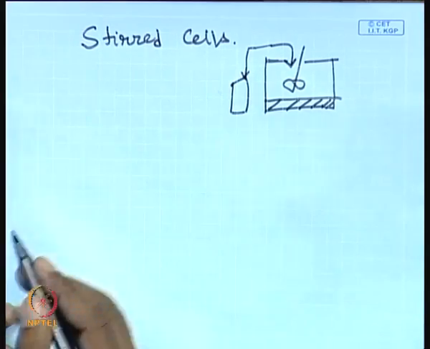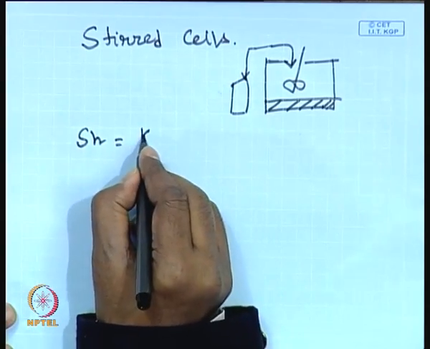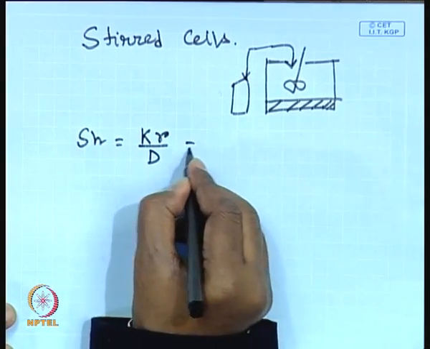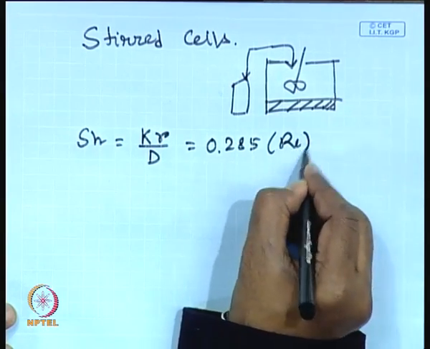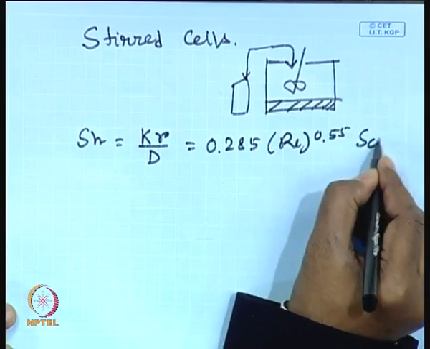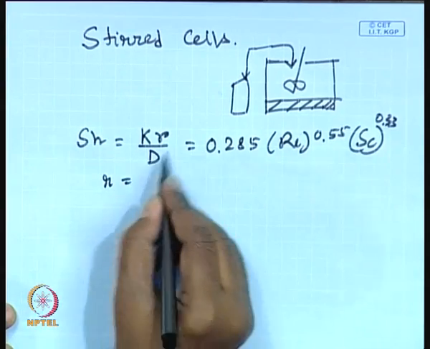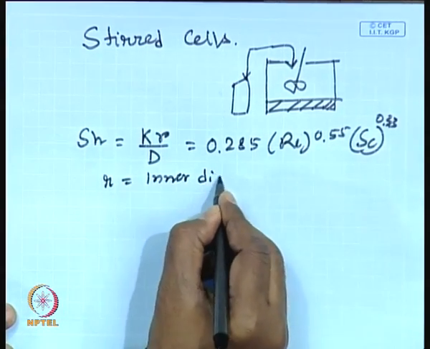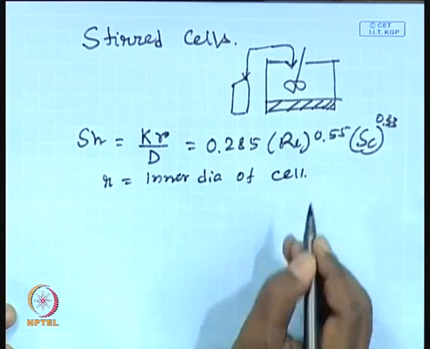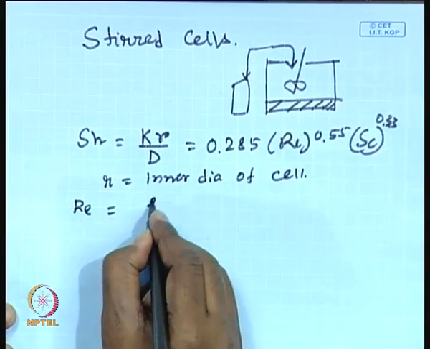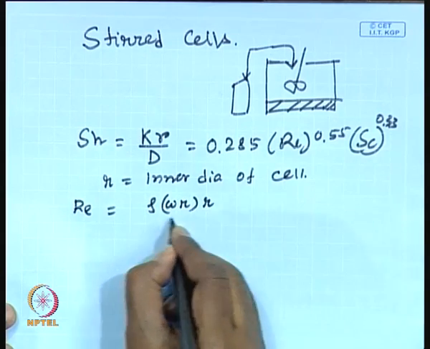In a stirred cell, the mass transfer coefficient Sherwood number correlation is given as k R by D is equal to 0.285 Reynolds raised to the power 0.55 Schmidt raised to the power 0.33. R is basically the inner radius of the cylindrical stirred cell, and Reynolds number is defined as rho omega r, that is the linear velocity, multiplied by the r divided by mu.